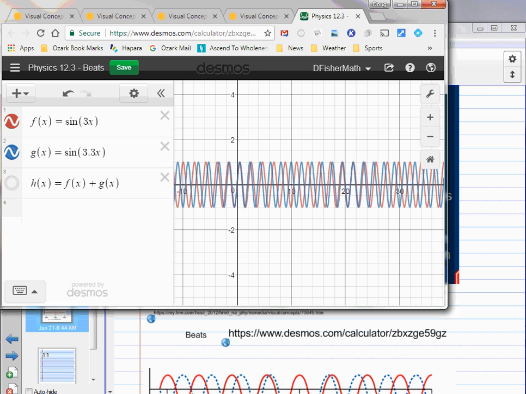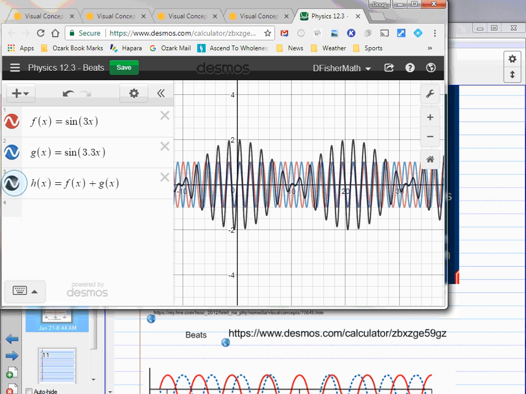If they match up, that would create a large amplitude. But then as I move away, if you look right at 10 on the horizontal scale, you can see where they're opposite each other. They're canceling each other out. My h of x, my third function on the row, is just the sum of the other two. And notice what happens. There at the origin, 0, they are constructively interfering, large amplitude.